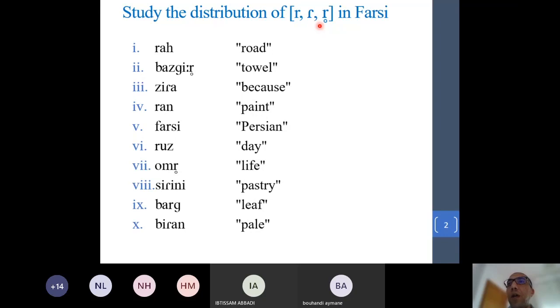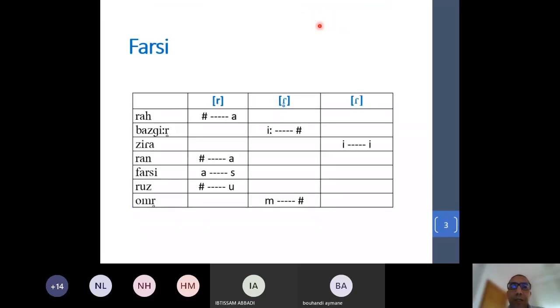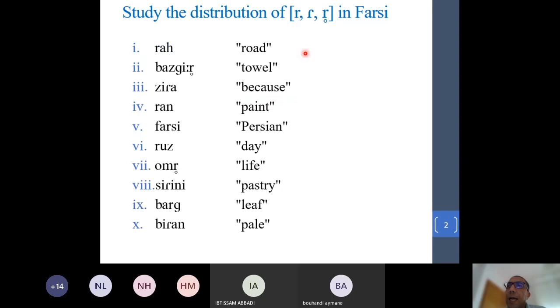The first thing you do is take a quick mental inventory of the different rhotic sounds. It's a good strategy. Acquaint yourself with the data, have a good idea and pinpoint the different sounds, and ask yourself whether the distribution of these three sounds is complementary or contrastive.